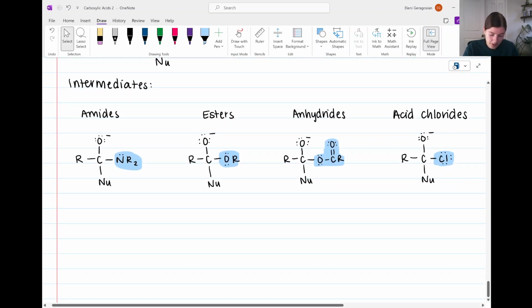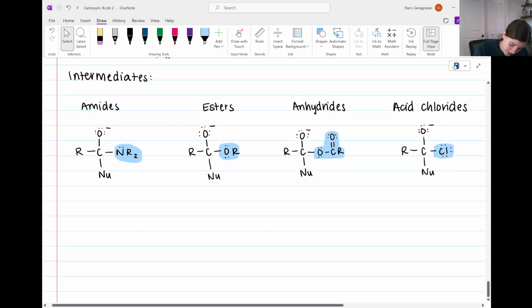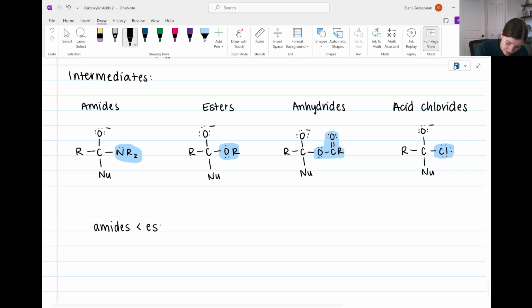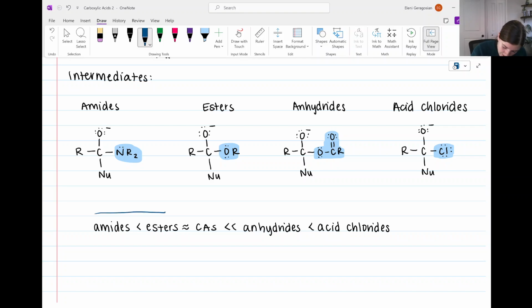So if we copy down the trend here, amides are less reactive than esters, approximately the same as carboxylic acids, less reactive than anhydrides, less reactive than acid chlorides, increasing reactivity from left to right.